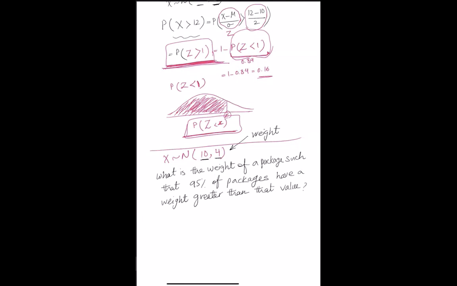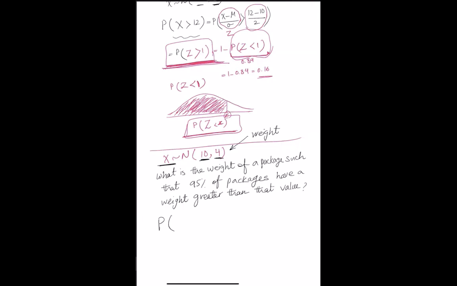Let's assume X is the weight of a package, average 10 pounds, variance of 4. And I want to know what would be the weight value such that I can say 95% of the packages have a weight greater than that number.